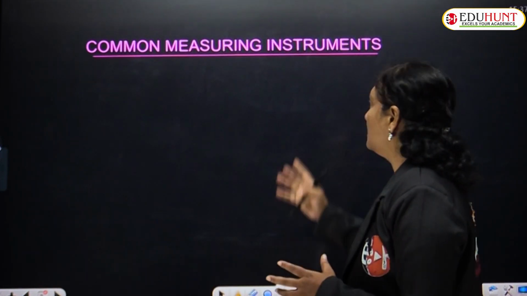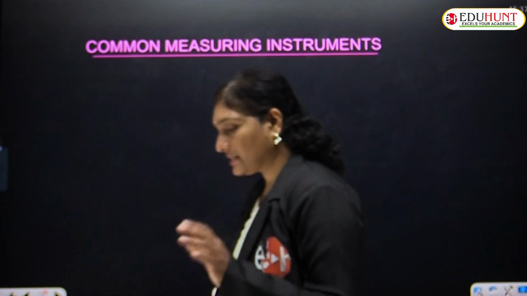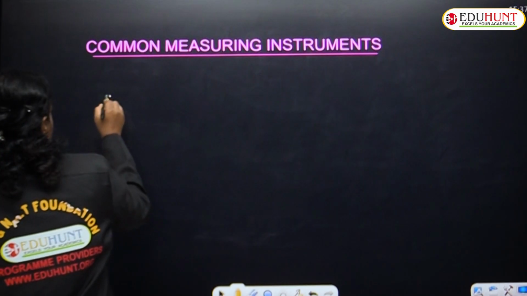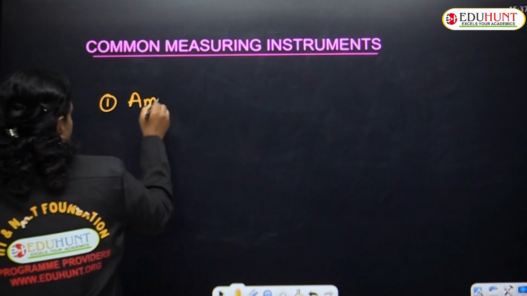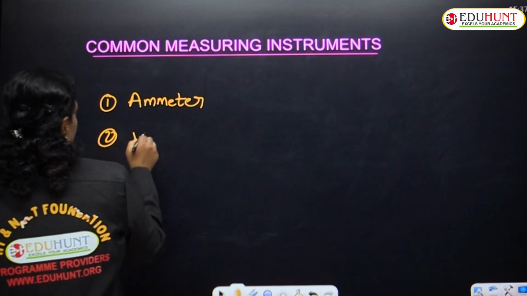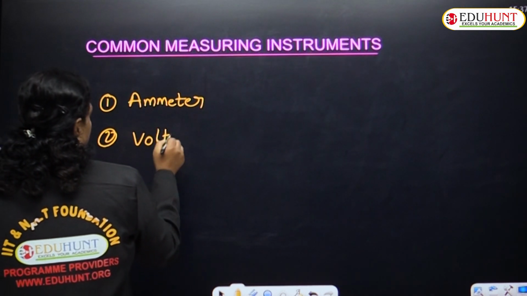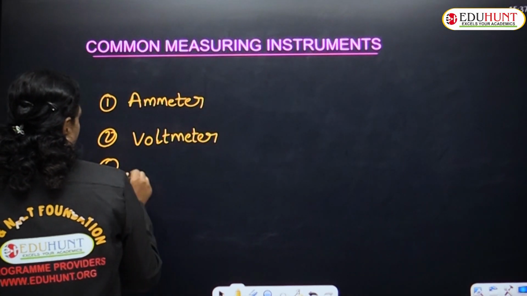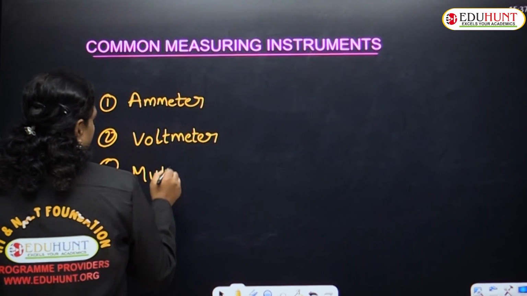So let us discuss the common measuring instruments. One is the ammeter. Next, the voltmeter, and also the multimeter.